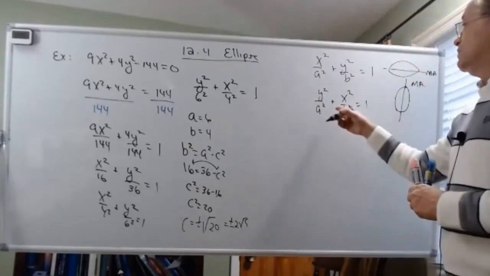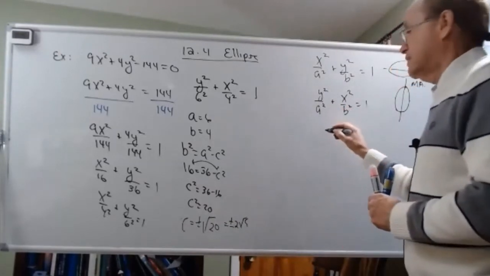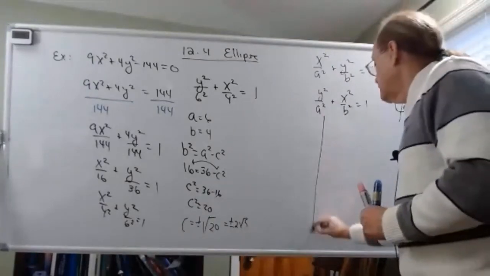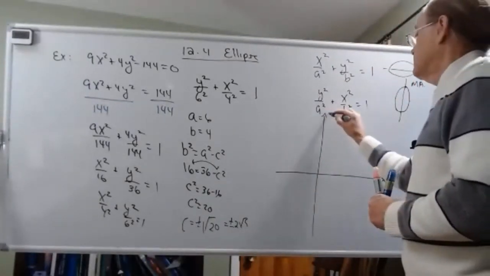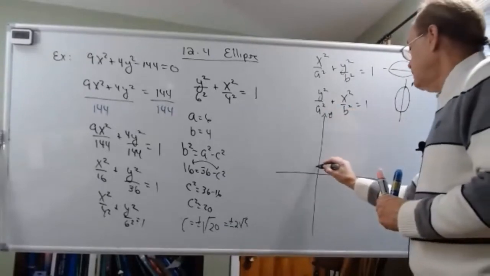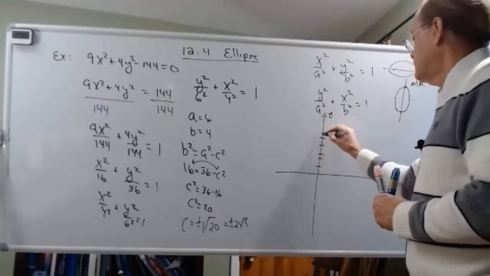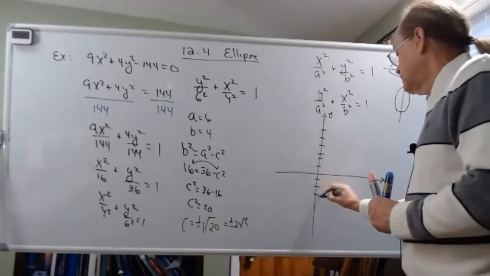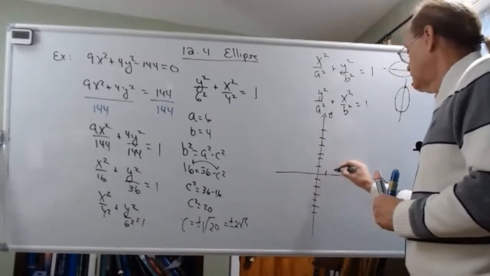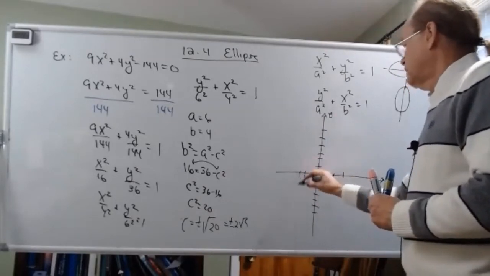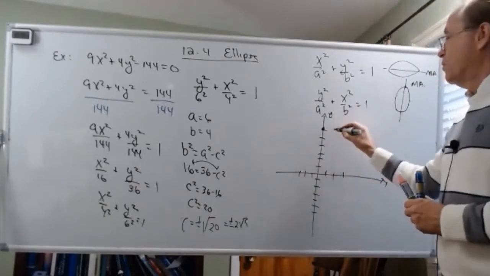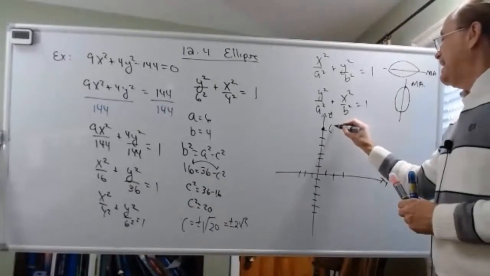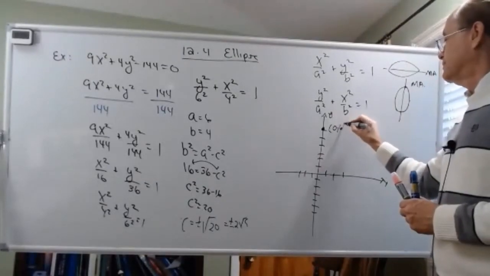Okay, so let's draw a little picture of this now. There's my x, there's my y. Coming over here, there's my one vertex, where x is 0 and y is 6.